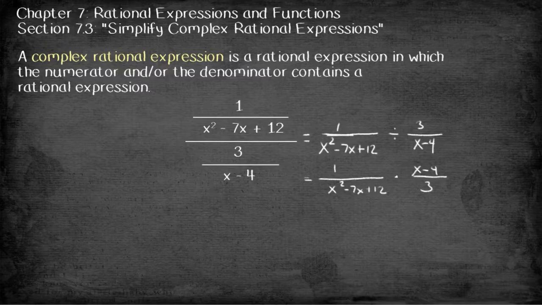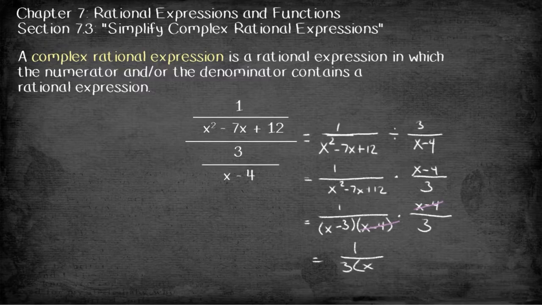We know we're going to have to factor, so let's do that. The only thing that needs factored, though, is the denominator of the first fraction. And this x minus 4 divides out, so we're left with 1 over 3 times x minus 3.